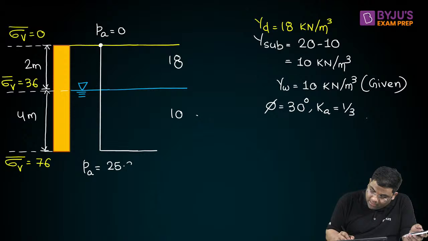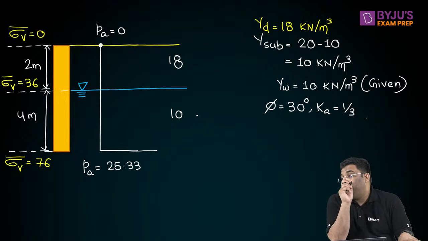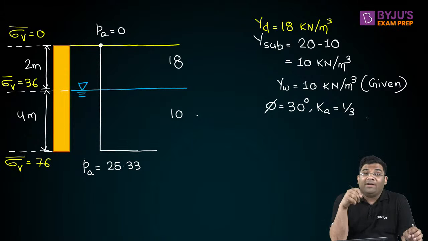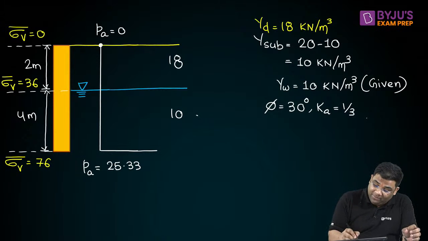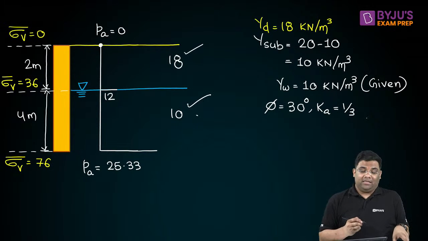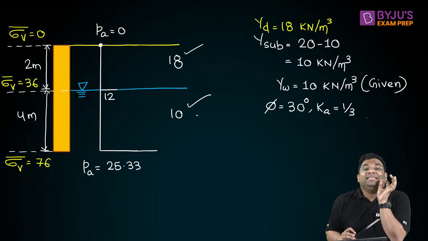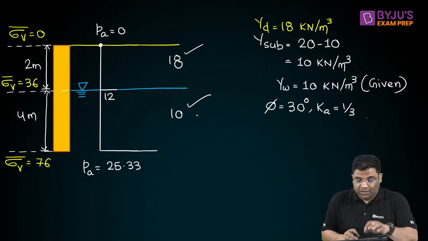Very good. Now what will be the earth pressure at the water table? That will be simply what? 1 by 3 into 36, giving me how much? I'll get 12 here. Now see, the gammas are different here. So I can say the earth pressure distribution will not be a single line. There will be a change of slope.